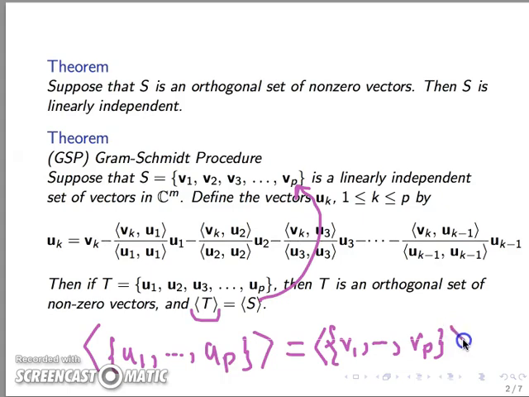So the u vectors and the v vectors are not the same sets, but they do have the same span in common.